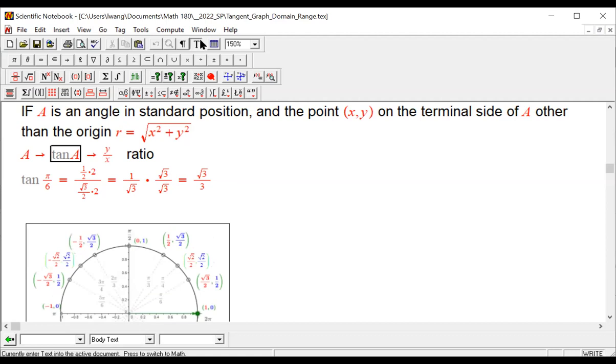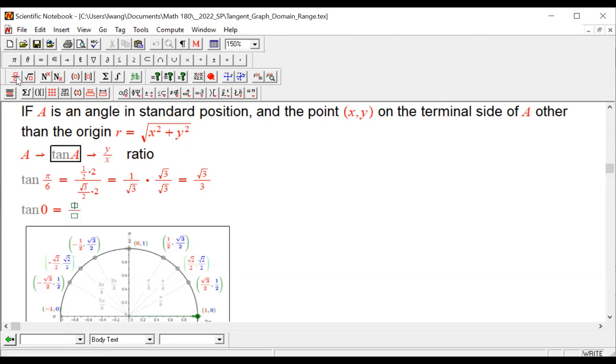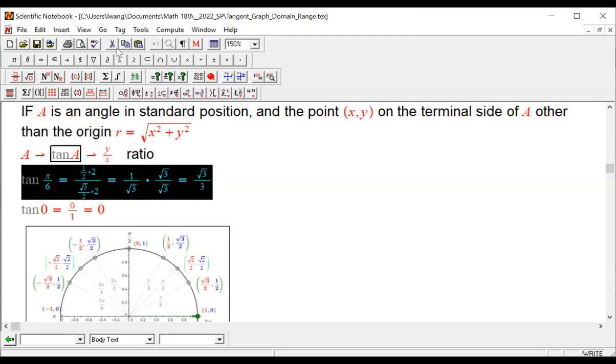So now if we're taking tangent of 0, we certainly will take 0 divided by 1, and that's going to be 0. That's not a problem. So we do it one by one, right? Input, output, input, output. And of course, all these input-output pairs will formulate points, right?